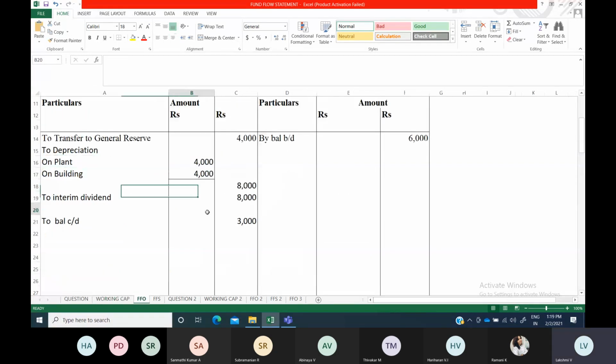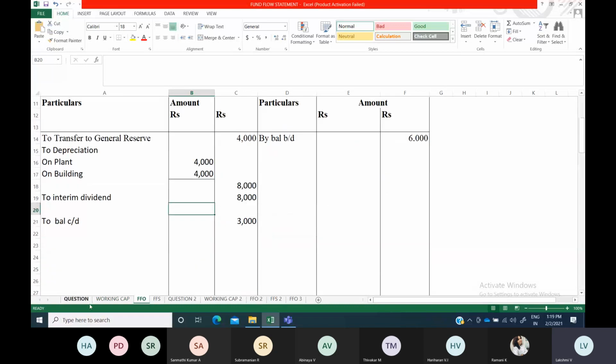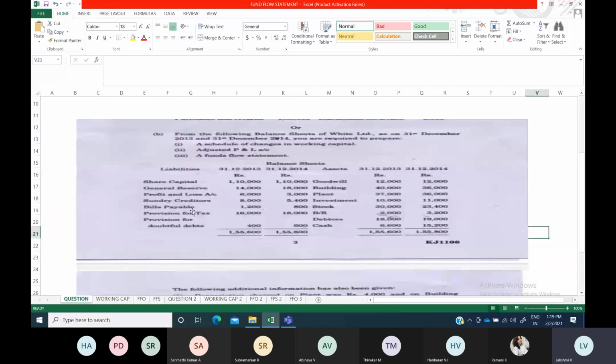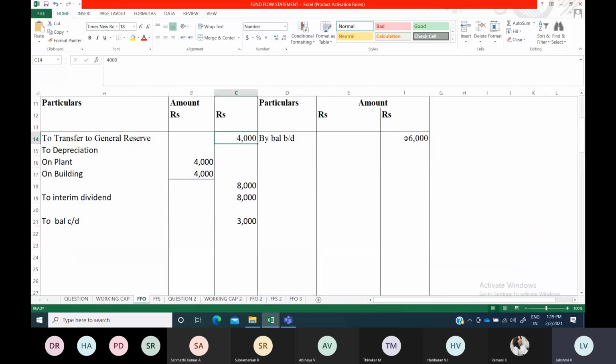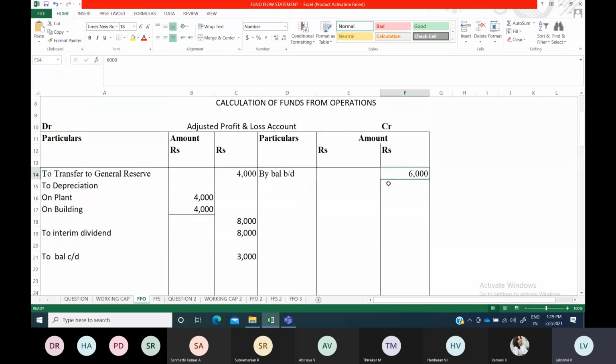So moving to the fund from operations. Here they have given the profit and loss account detail. If given in the balance sheet, you have to prepare the adjusted P&L account only. Opening balance will come under the credit side of your adjusted P&L account, and the closing balance will appear on the debit side.